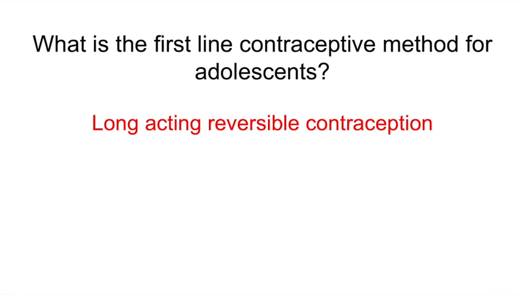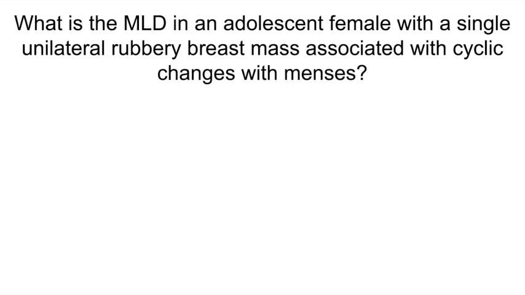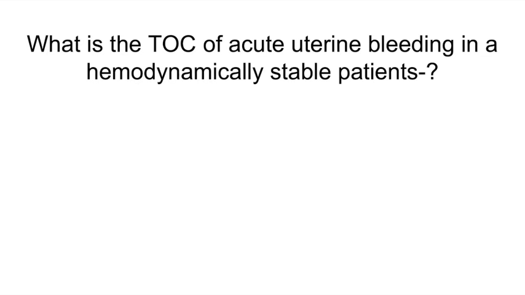What is the most likely diagnosis in an adolescent female with a single unilateral rubbery breast mass associated with cyclic changes with menses? A fibroadenoma. This is most common in the upper outer quadrant, and it can be associated with premenstrual tenderness and cyclic changes in size, and is managed with observation and repeat examination. What is the treatment of choice of acute uterine bleeding in a hemodynamically stable patient?